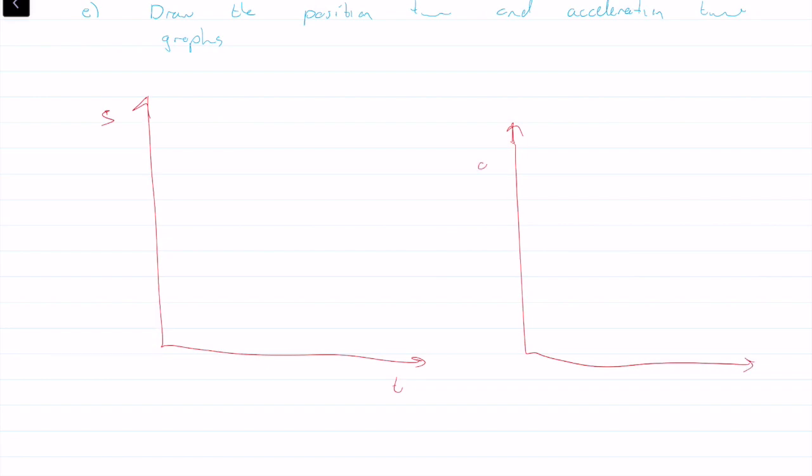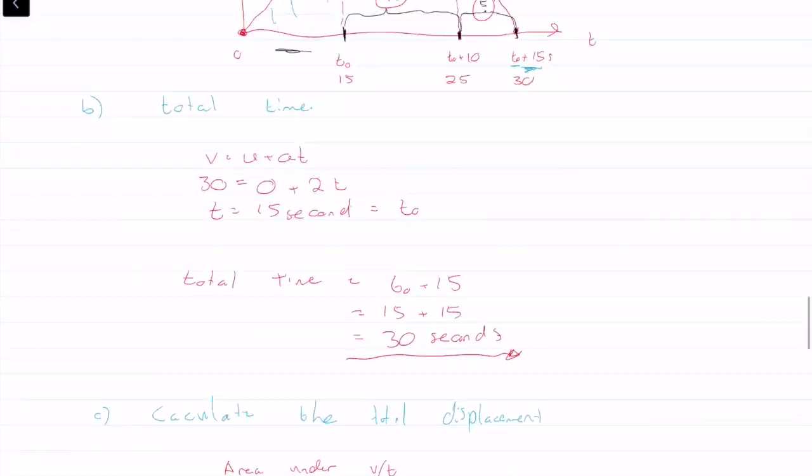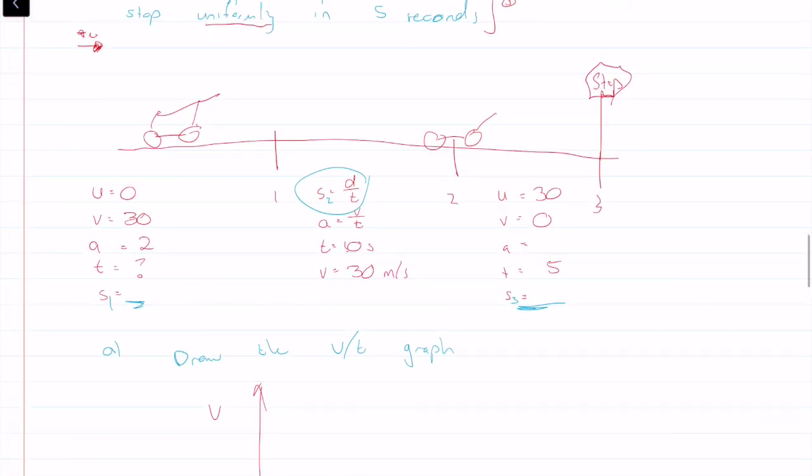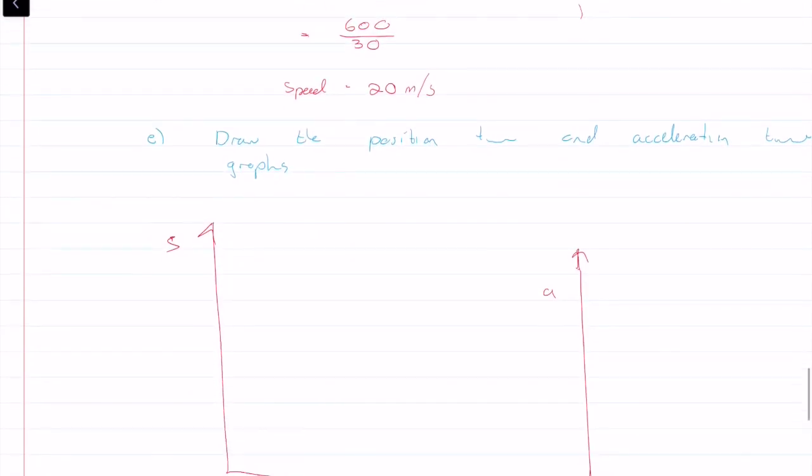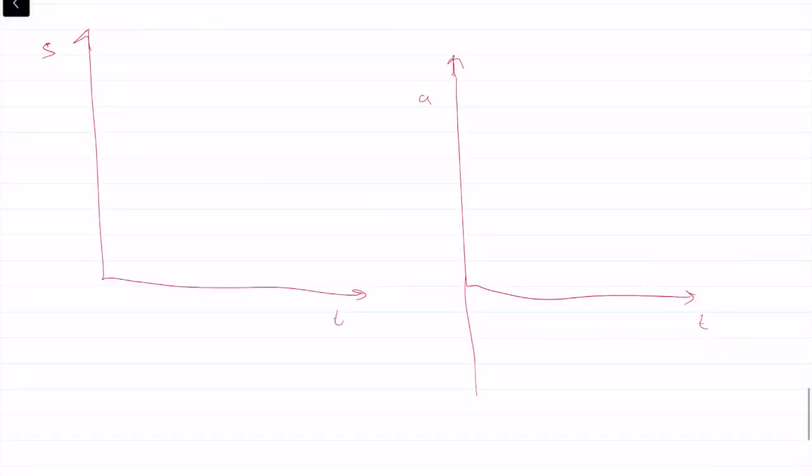Acceleration time. The first part of the question, the acceleration is actually given as 2. We also know that it's divided into 15 seconds, 25 seconds, and 5 seconds. So it's going to be 15, 25, 5.